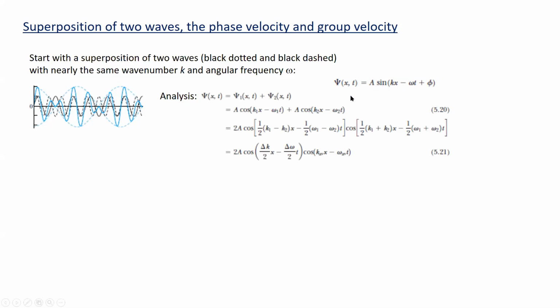So we have these two waves, psi 1 of x and t and psi 2 of x and t, with the amplitude times cosine, because we've set phi properly, of k1 x minus omega 1 t, plus k2 x minus omega 2 t. Notice k1 and omega 1 are different from k2 and omega 2 because they have nearly the same wave number, but not exactly the same.